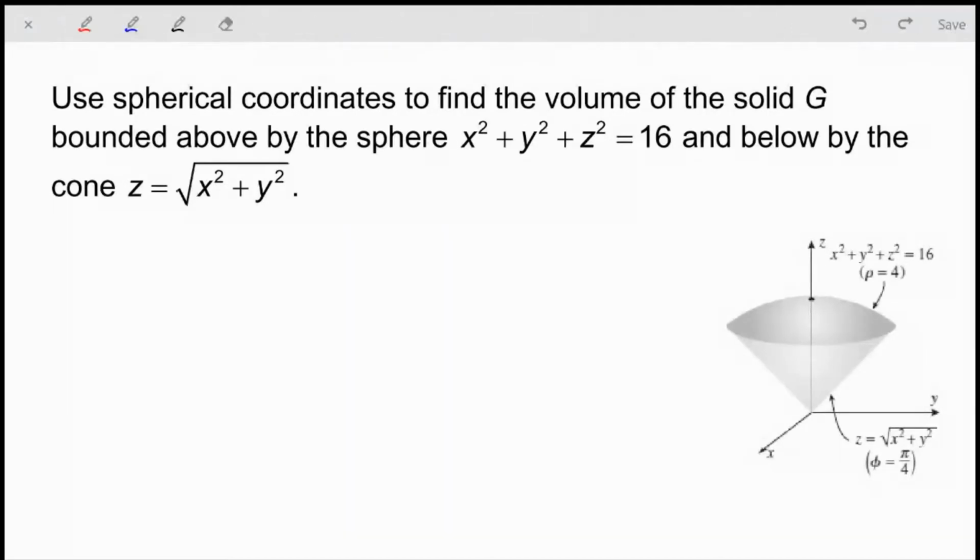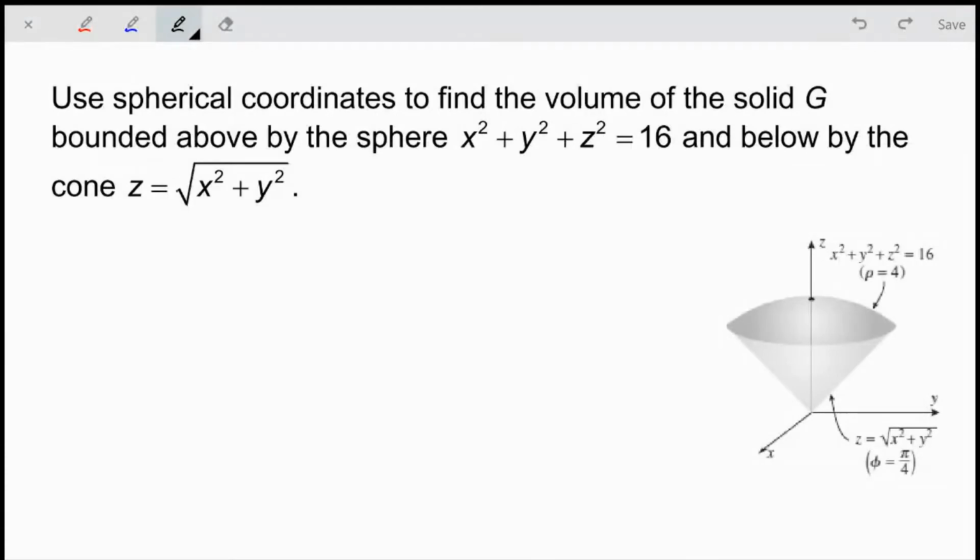Now, they already gave us some pretty easy starting points here. We know that the maximum radius I'm going to have is 4. We also know that we're going to start from a phi value of 0 and go all the way to pi over 4, because that's what the lower bound for the z is defined as.